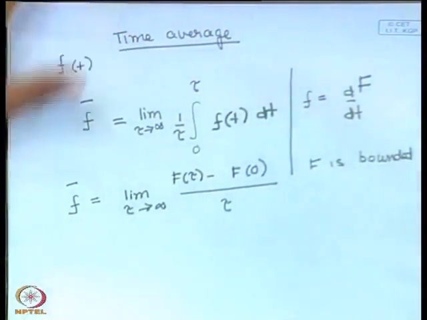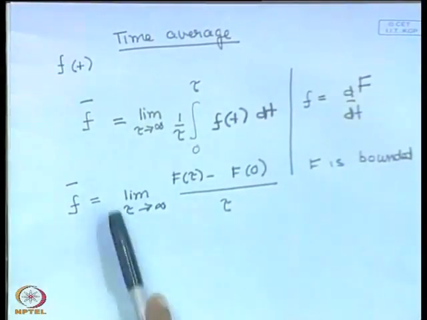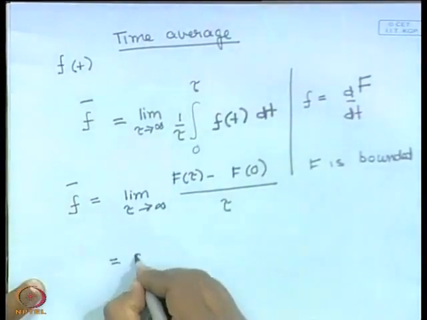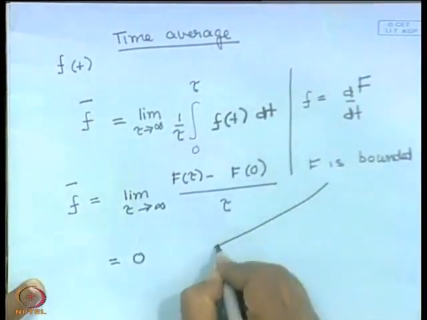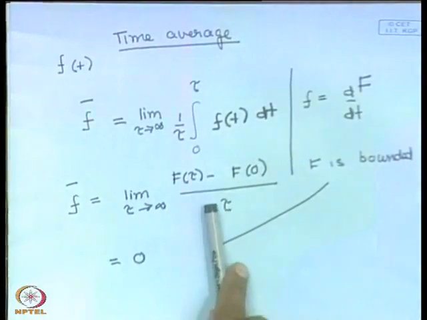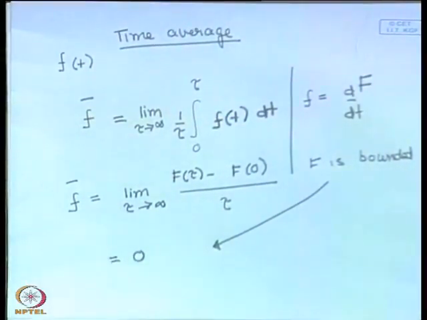If we assume that f is bounded, its value does not blow up or become minus infinity, its value is finite and bounded, then you can guess this limit will be 0. If this quantity is bounded, then the limit is going to be 0, because this is a finite number, this is a finite number, the difference is a finite number. I divide by tau and take the limit where tau goes to infinity, it will give you 0.